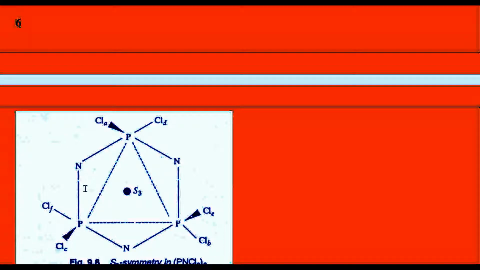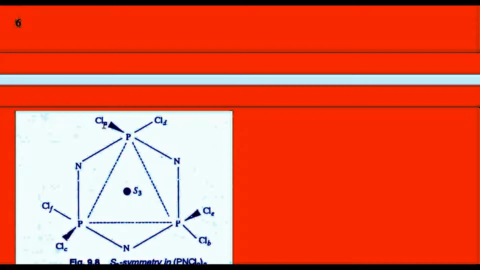In the same way, the 3 nitrogen atoms can also make an equilateral triangle. Whereas when you focus on this phosphorus atom, you will see that the phosphorus is tetrahedral, that is all the angles, whether ClAPN or ClDPN, these are all 109.5 degree.